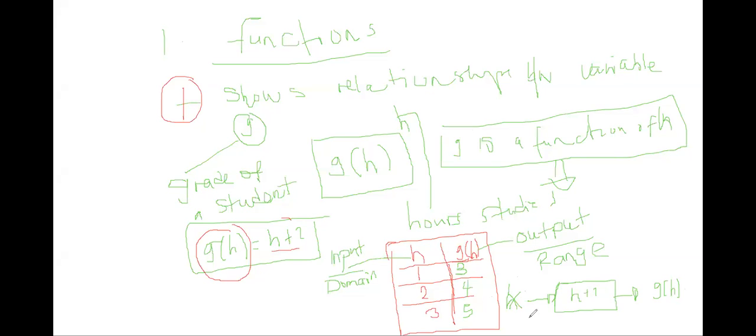So for example, when you put 1 into this machine, it will be 1 plus 2, then it will give you 3. So a function maps the inputs and the outputs together. It shows a relationship between inputs and output.